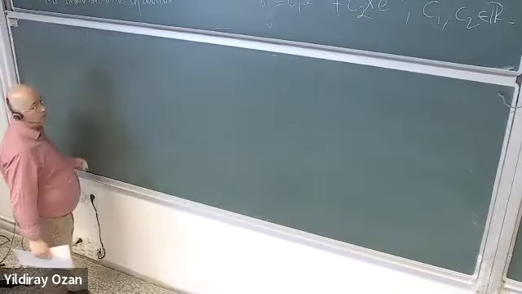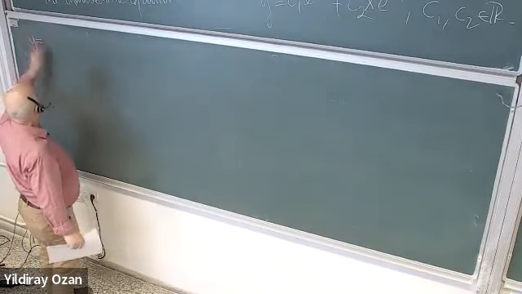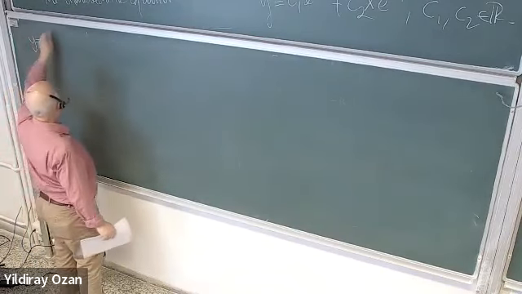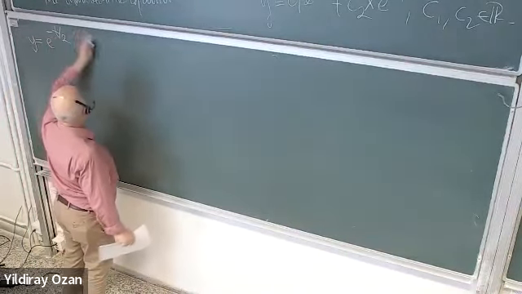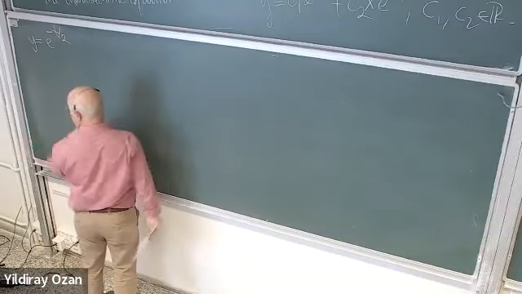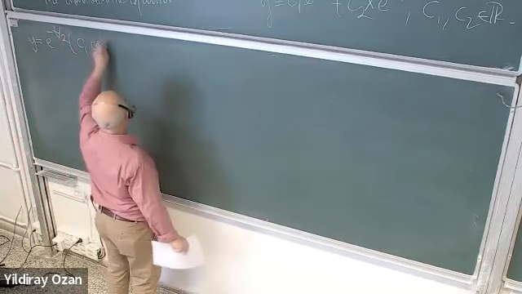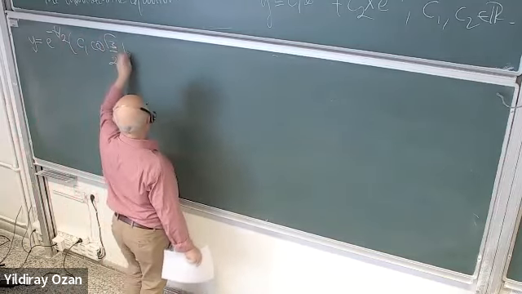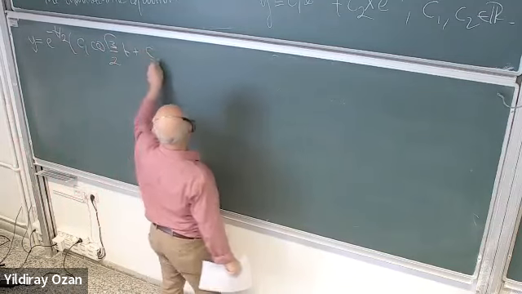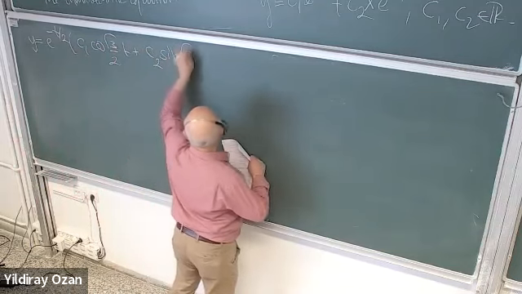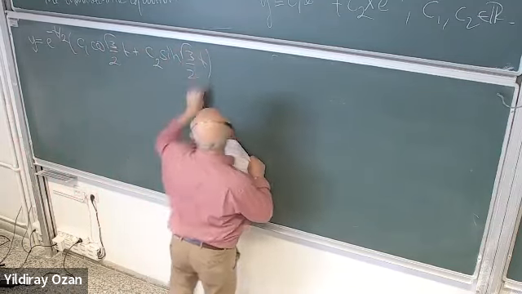So let me rewrite the solution here: e to the power minus t over 2, C1 times cosine root 3 over 2 t plus C2 sine root 3 over 2 t.